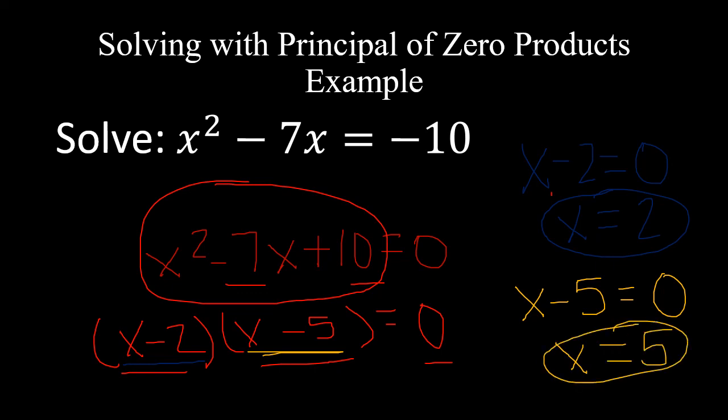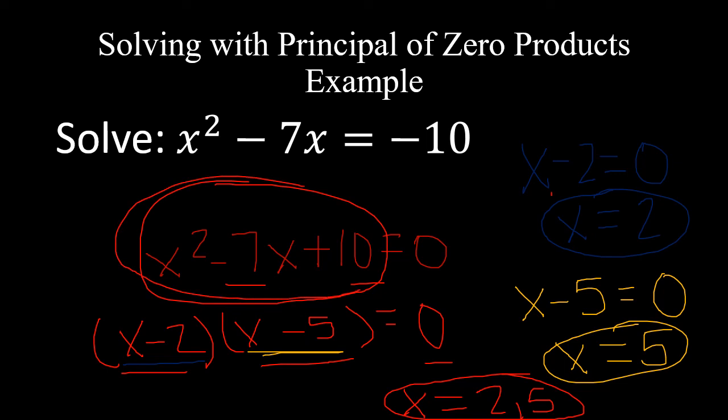All right, and now we've solved for x. So we would write our solution as x equals 2 or 5. All right, both of those answers will make this equation true. And we would, in fact, go back to the original equation and plug those in to check. And you can go do that right now.